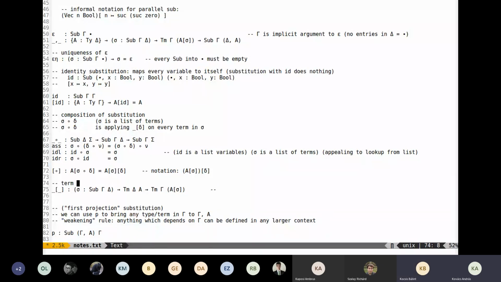Aren't the parameters flipped in substitution? So the action of substitution is kind of flipped, because if you have a substitution which goes from gamma. I mean first the terms and then the substitution in the operation. Like aren't the parameters to this operation flipped? So first the term and then the substitution. Oh yeah.